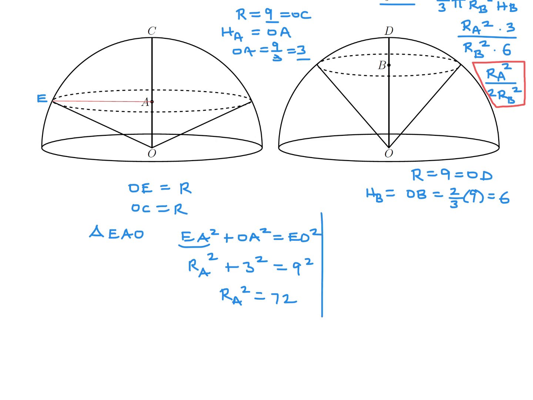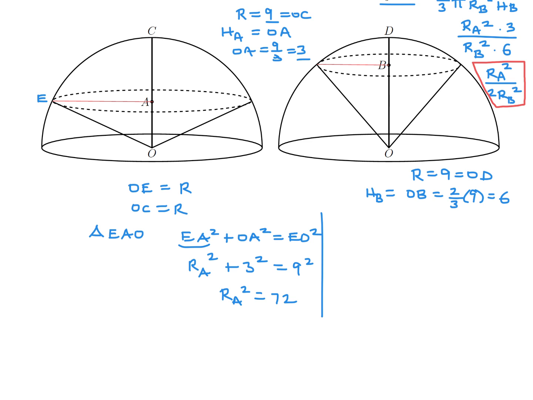And then very similarly, we'll do the same kind of thing over here. Draw a line from B to the edge. Let's try that again here. It didn't show up. We're going to draw a line from B to the edge. There we go, like that.